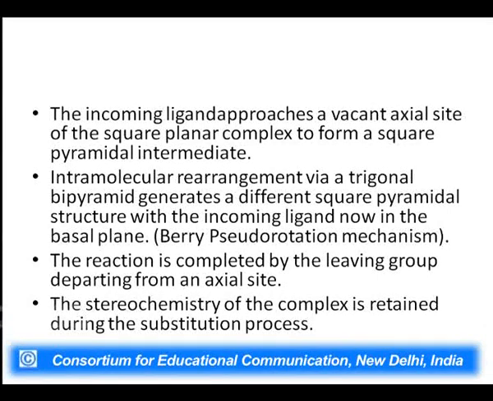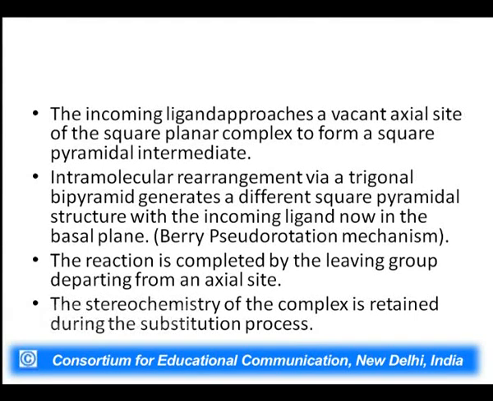So the incoming ligand approaches the axial site of the square planar complex to form a square pyramidal intermediate, which gets converted to trigonal bipyramidal through the Berry pseudo rotation mechanism, and the reaction is completed by the leaving group departing from the axial side.